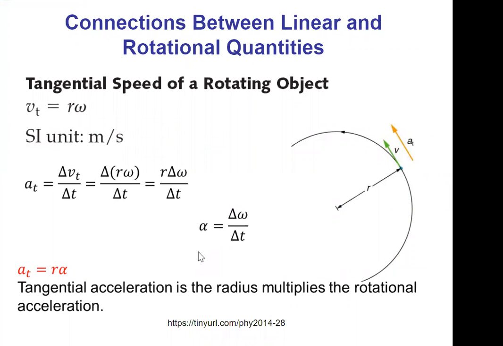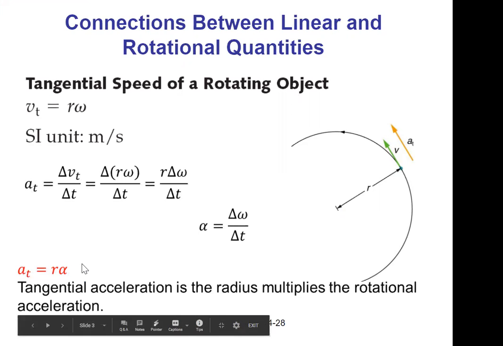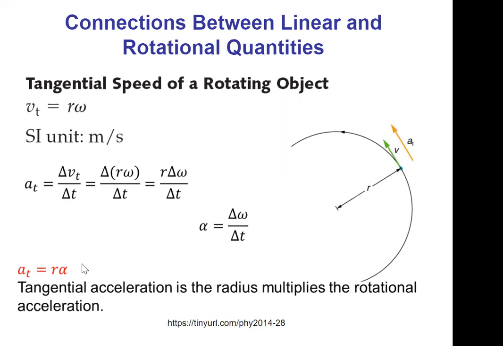Connection between linear and rotational quantities: we have checked this earlier from time to time. The linear speed or tangential speed is equal to r times angular speed, and the tangential acceleration is equal to r times alpha. Similarly, for angular position theta, if you do theta times r, that gives you the linear displacement, the arc length.